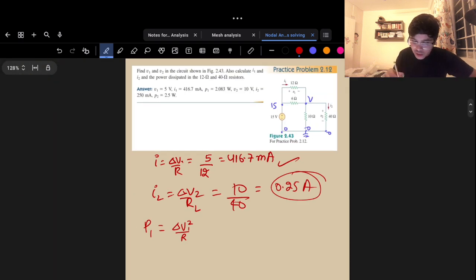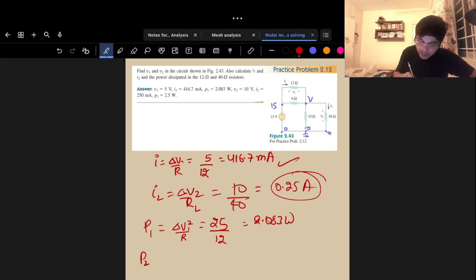So delta V1 square by R, that will be 25 by 12, and you calculate, that will be 2.083 watts, and P2 will be delta V squared, that is 100 by 40, equal to 2.5 watts, that is given here.